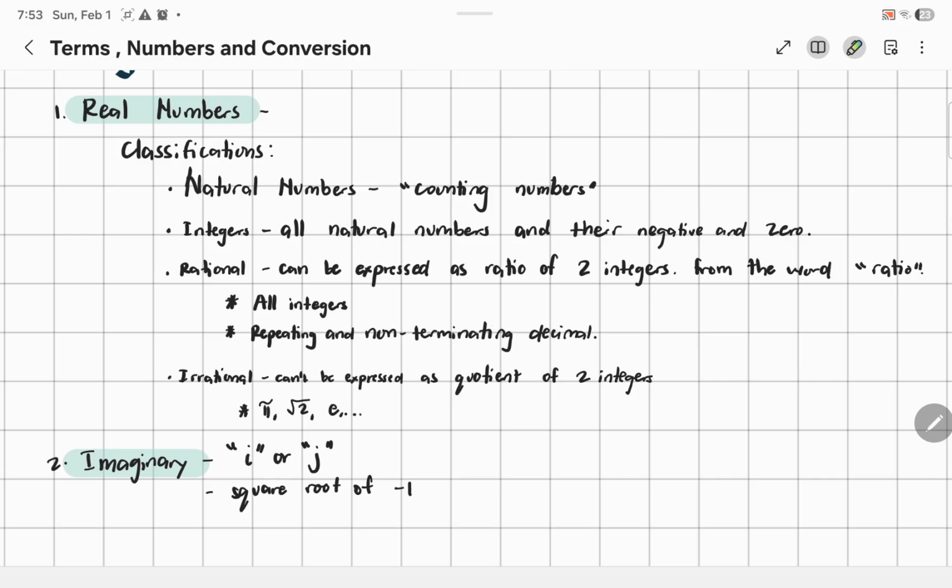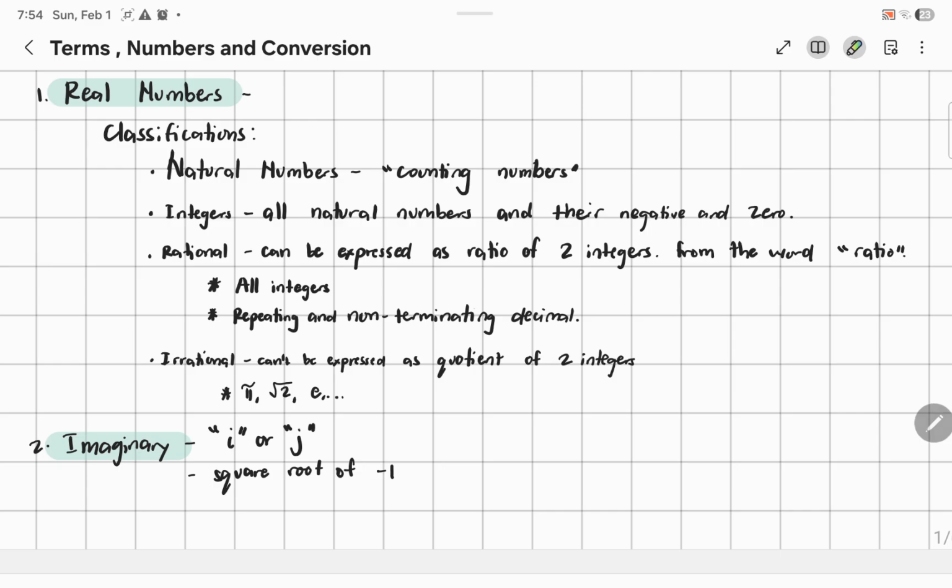When we say repeating and non-terminating decimal, that could mean, for example, 0.99999 and so on, that's continuous. That's still a rational number. For example, we have 39, 39, 39, 39. That's still a rational number, even if it's continuous, as long as it is repeating.